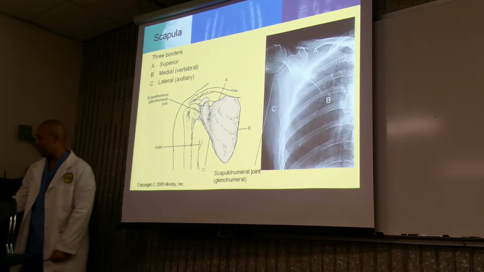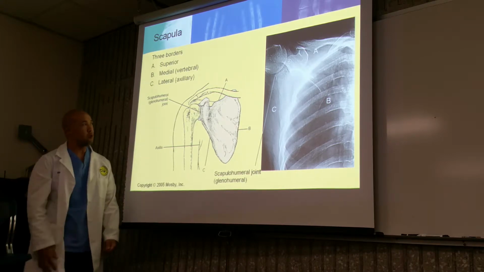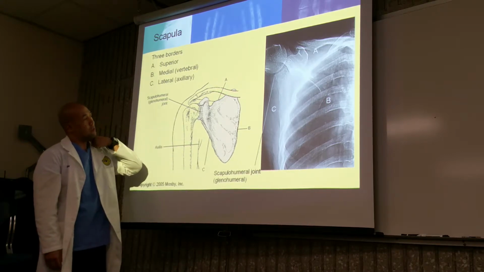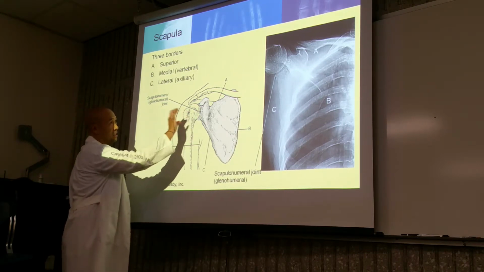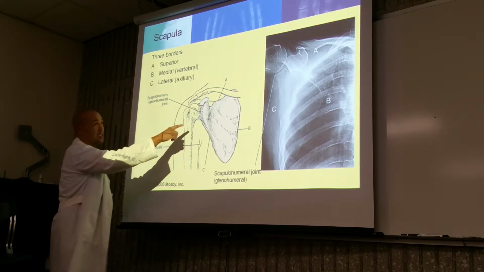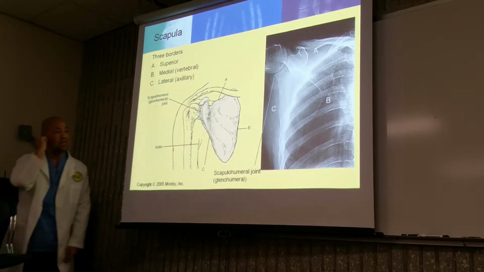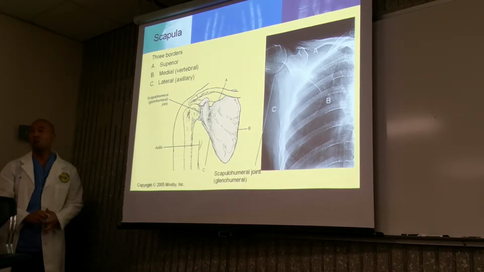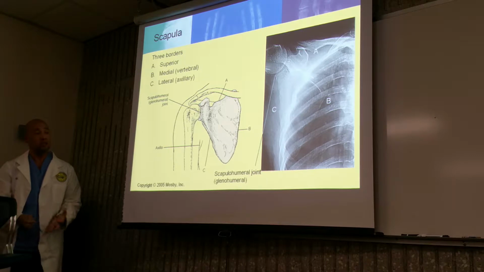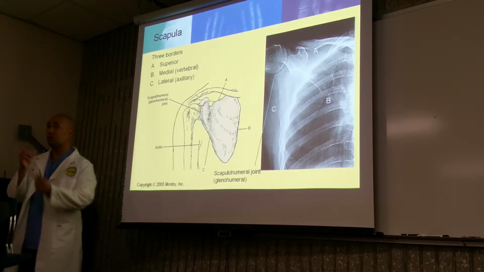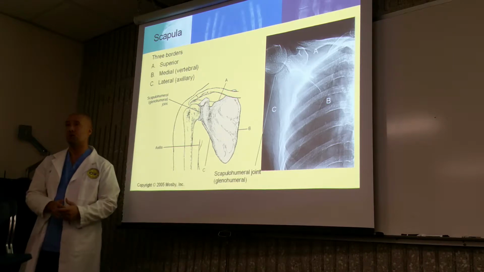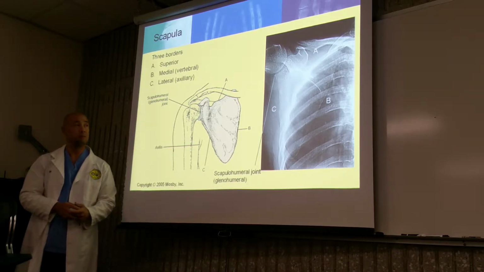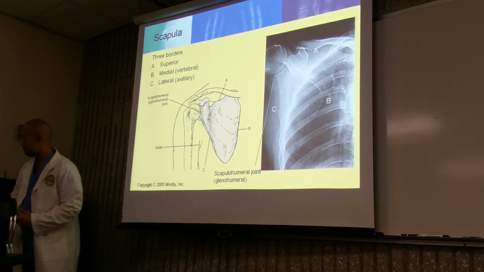All right? The relationship between the humeral head and the glenoid fossa of the scapula, which we'll talk about in a moment, is known as the scapulohumeral joint, also known as the glenohumeral joint. So those terms are used interchangeably. Most commonly it's called the scapulohumeral joint. All right?